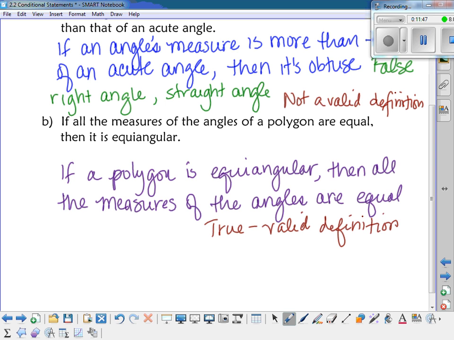And because both the conditional and its converse are true, we can rewrite the definition as a biconditional.